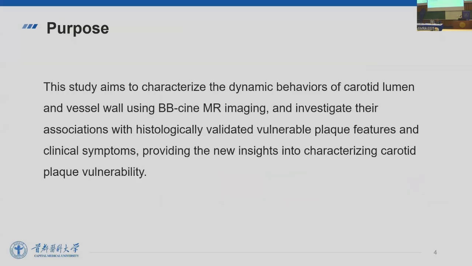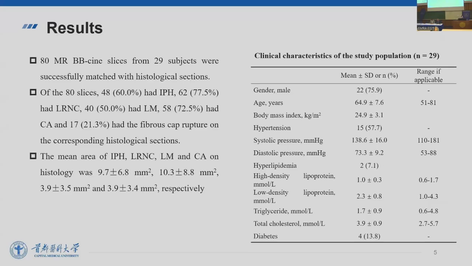For this purpose, this study aims to characterize the dynamic behaviors of carotid lumen and vessel wall using black blood cine MR imaging and investigate their associations with histologically validated vulnerable plaque features and clinical symptoms, providing new insights into characterizing carotid plaque vulnerability.